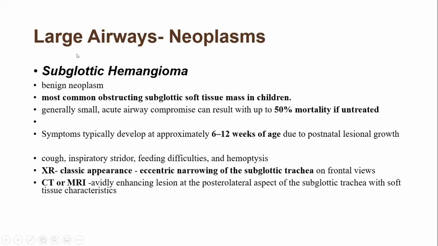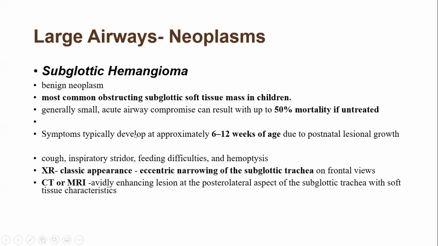So coming to large airway diseases, subglottic hemangiomas. This is usually seen in small children like infants. It's a benign neoplasm, but it obstructs the airway, and it's the commonest obstructing subglottic soft tissue mass in children. Though it is benign, if you don't diagnose and treat it, the mortality can be up to 50%.